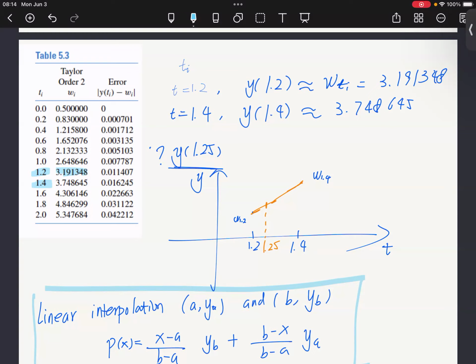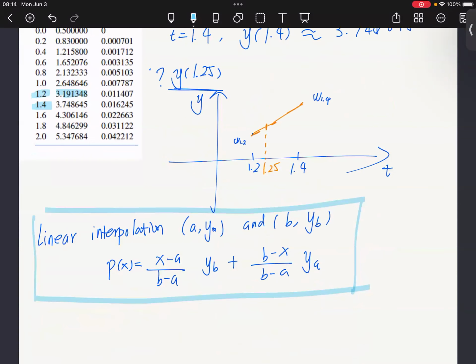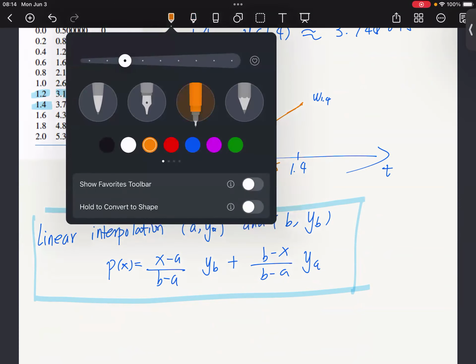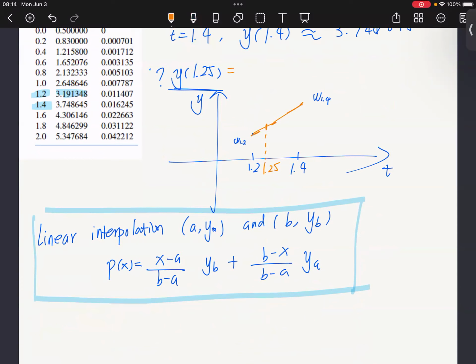The 1.25 is located in between this interval. So what we are doing is plugging all the values we have into this linear interpolation polynomial, and at the end of the day you get this, where x is just 1.25.